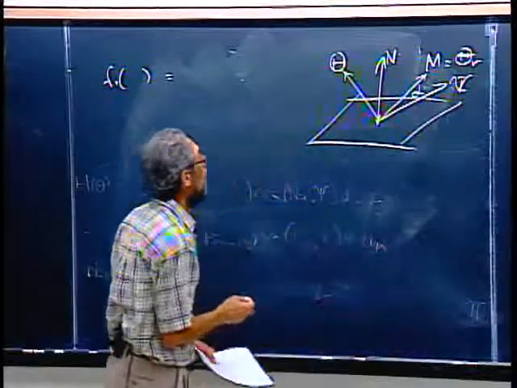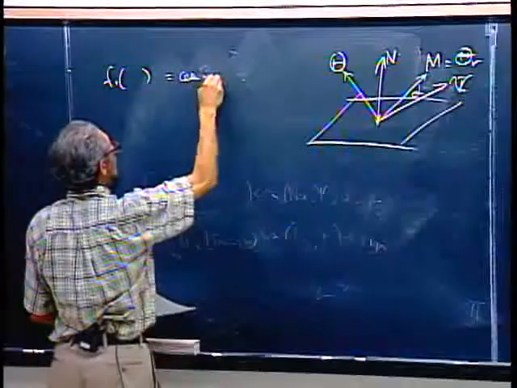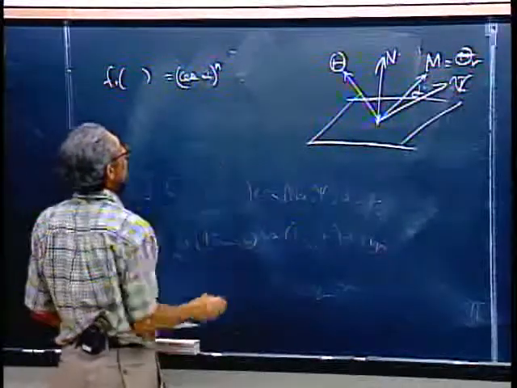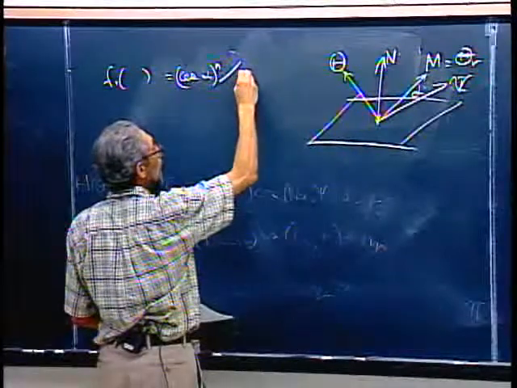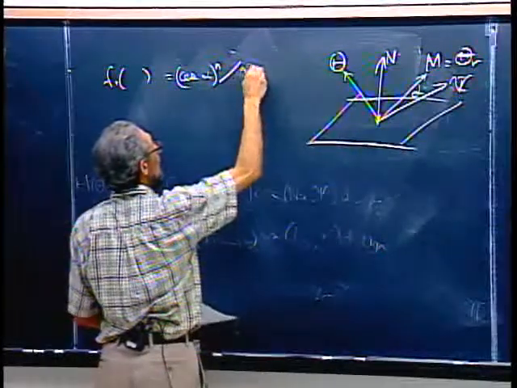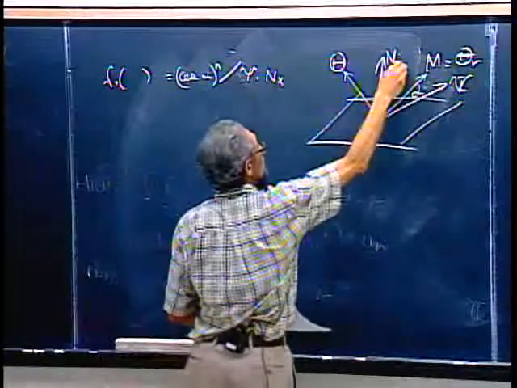And so this is cosine alpha to some power n divided by psi dot nx, this cosine. Here's nx, here's x.